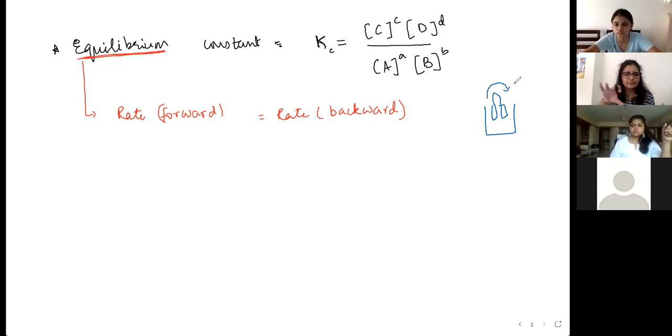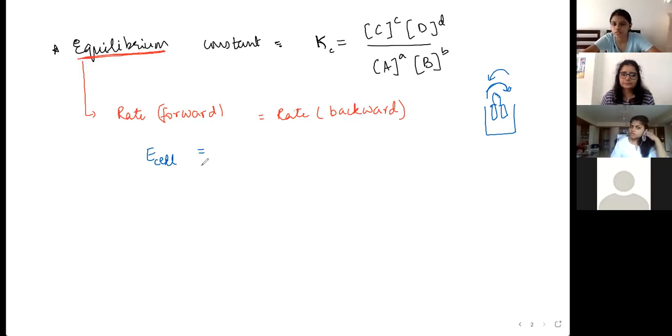Whatever flow of electrons is there in the reaction, that's what we are capturing as electricity. Now, if rate of the forward reaction is equal to rate of the backward reaction, what will happen to the net cell potential? Will there be any current flowing through this thing? Will that be unchanged? Will that change? What's happening?